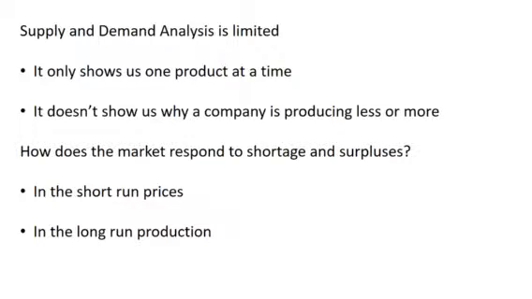So if the economy starts producing more as a whole, or if a company starts producing a bunch more, it doesn't actually show us why that is happening. We can see it happening, and we're looking at it afterwards, by the way, because this is a snapshot. It's kind of like the balance sheet and the income statement. We can look at a situation of right now or something in the past. It's not going to show us the future.